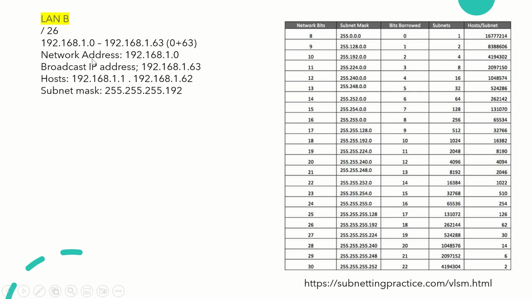But the first one is reserved for network address, and the last one is reserved for broadcast IP address. It means between .1 and .62, I have 62 available hosts here, but I only need 35.